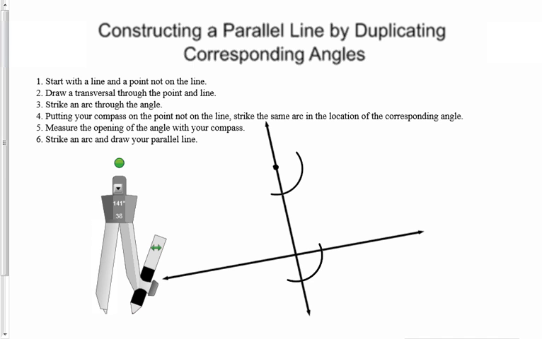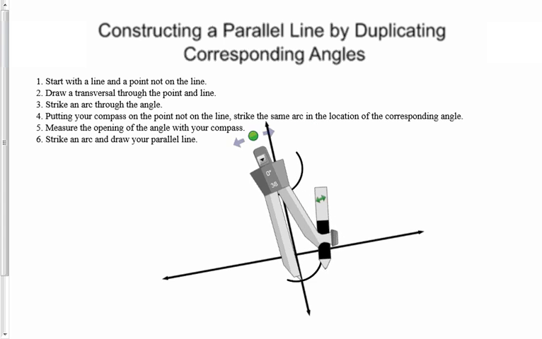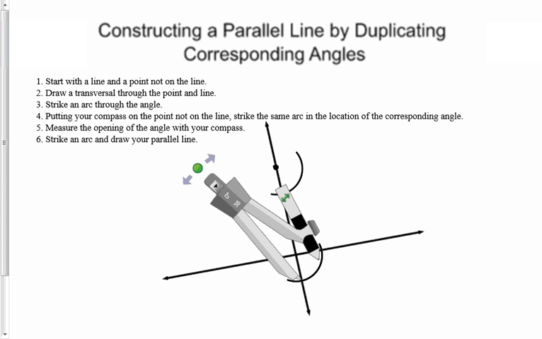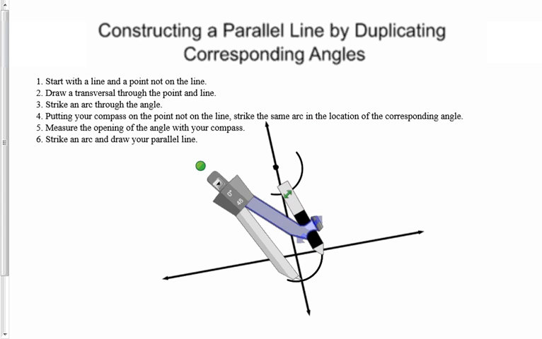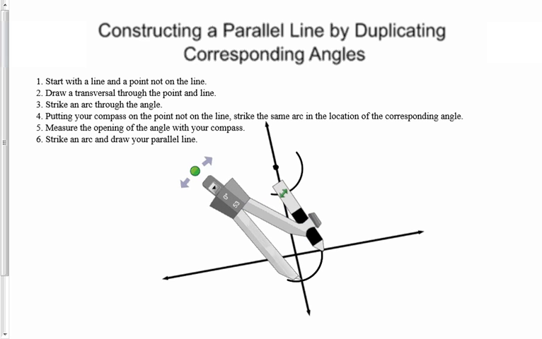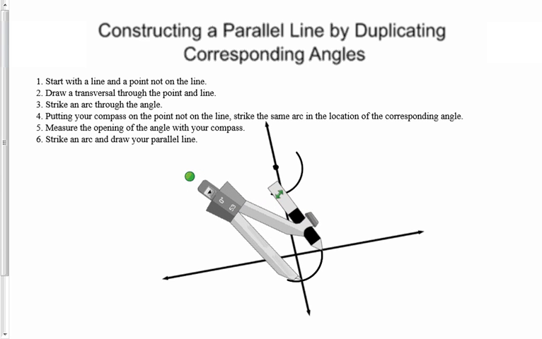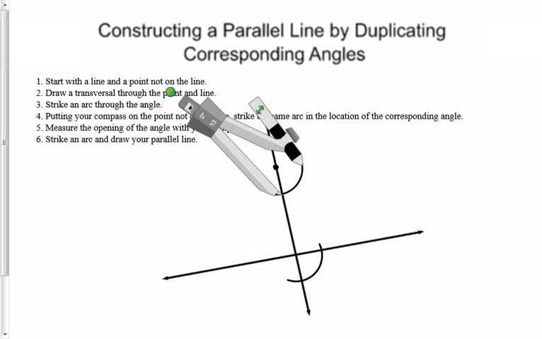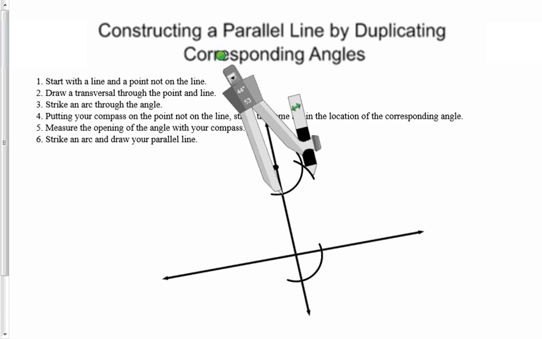Now I'm going to take my compass and measure the opening of this angle, just as if I were duplicating an angle normally. I'm going to extend this out to about right there. That looks about right. Now I'm going to bring my compass up here, put it on the intersection of the arc and the transversal, and strike a new arc.